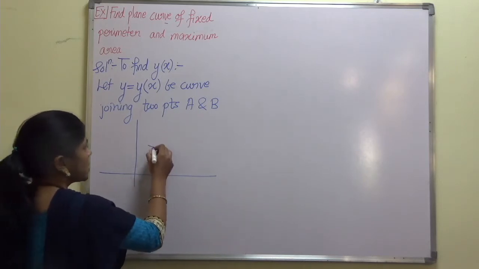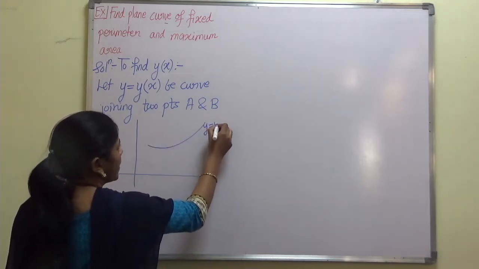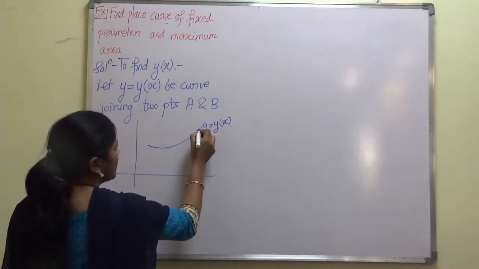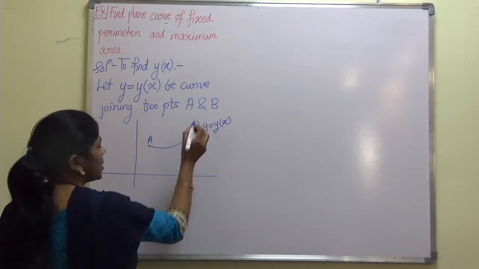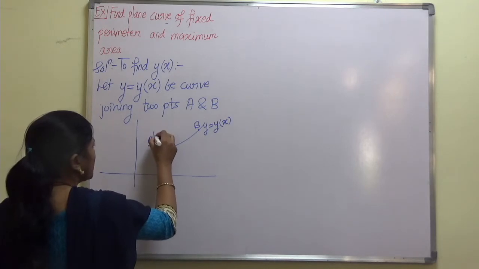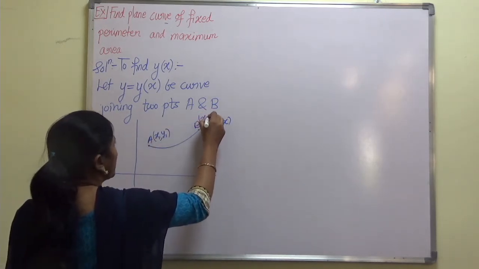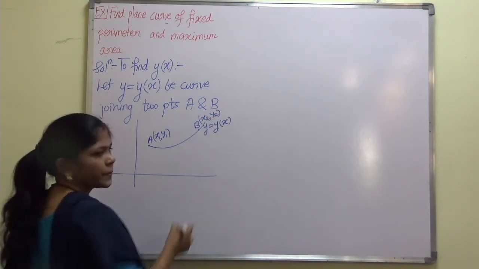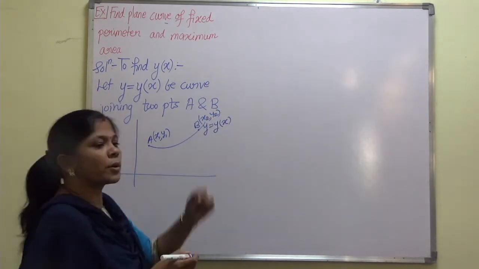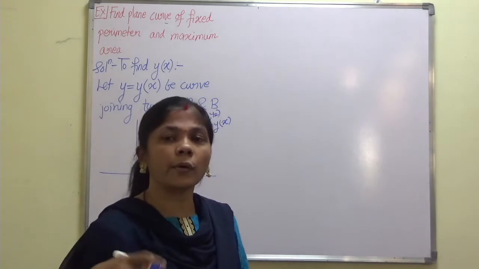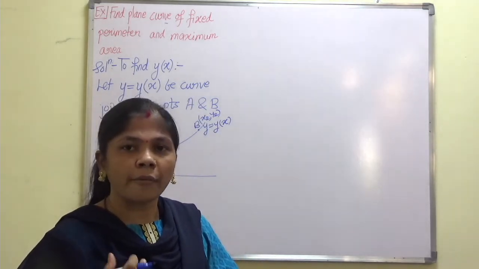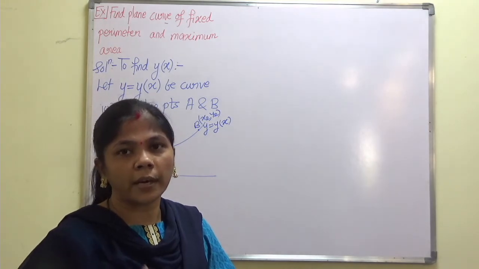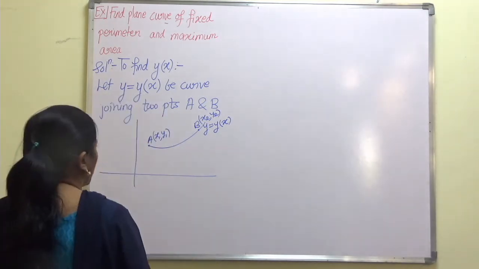So this is the curve y equal to y of x which joins the two points A and B, A with the coordinates x1, y1 and B with the coordinates x2, y2. So we wish to find out what is this curve which will enclose the maximum area and is of fixed arc length. Okay, that is a perimeter.